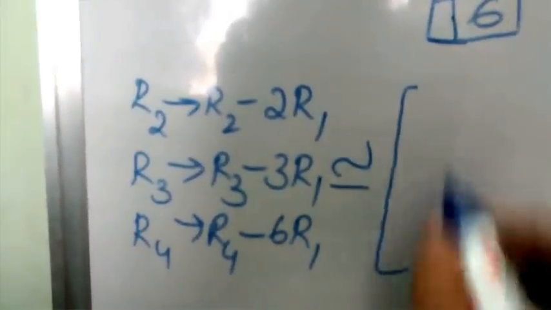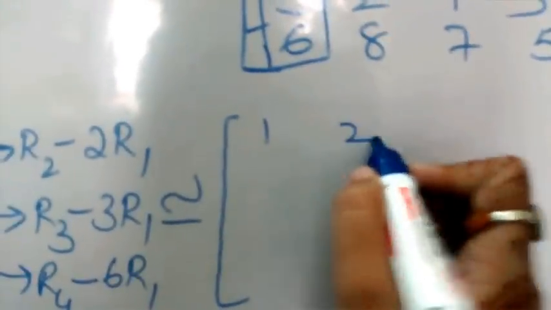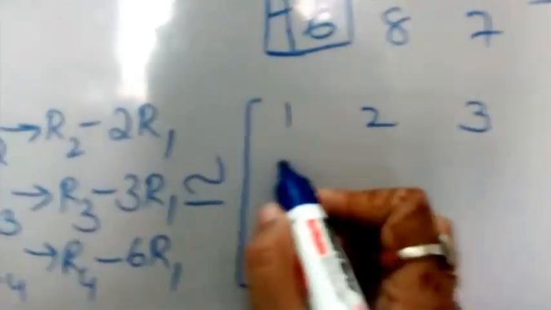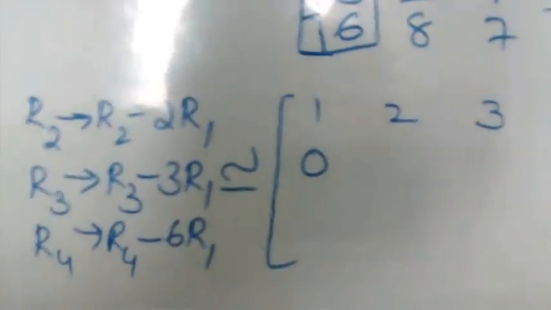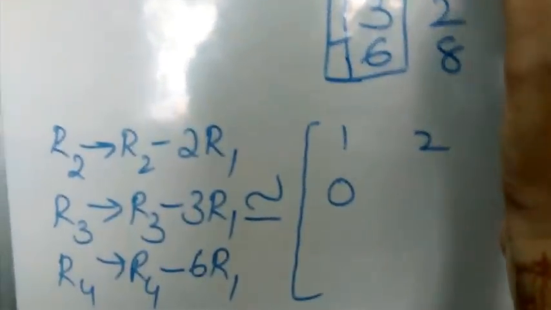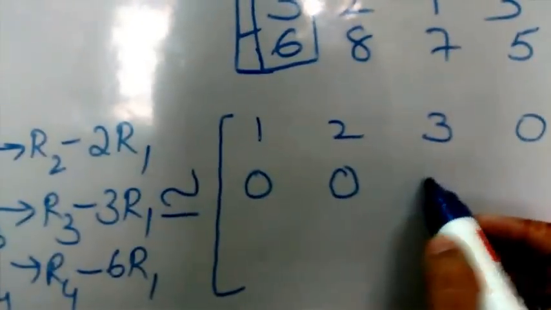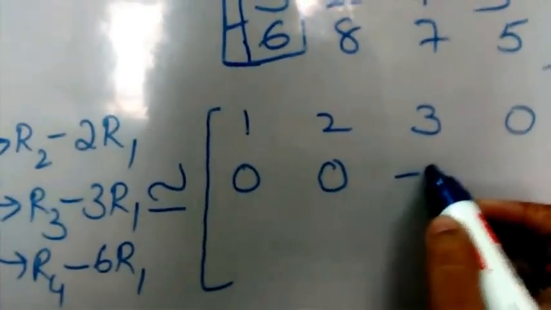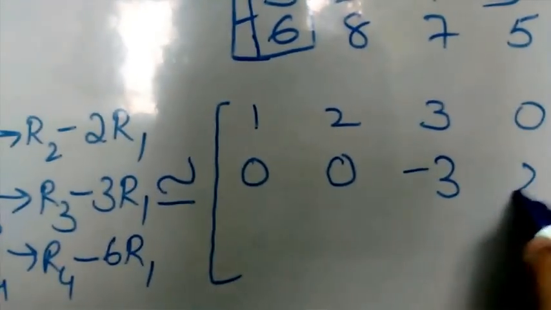Then we will get the matrix 1 2 3 0. Using R2 minus 2 R1: 2 minus 2 is 0, 4 minus 4 is again 0, 3 minus 6 gives minus 3, and 2 as it is.